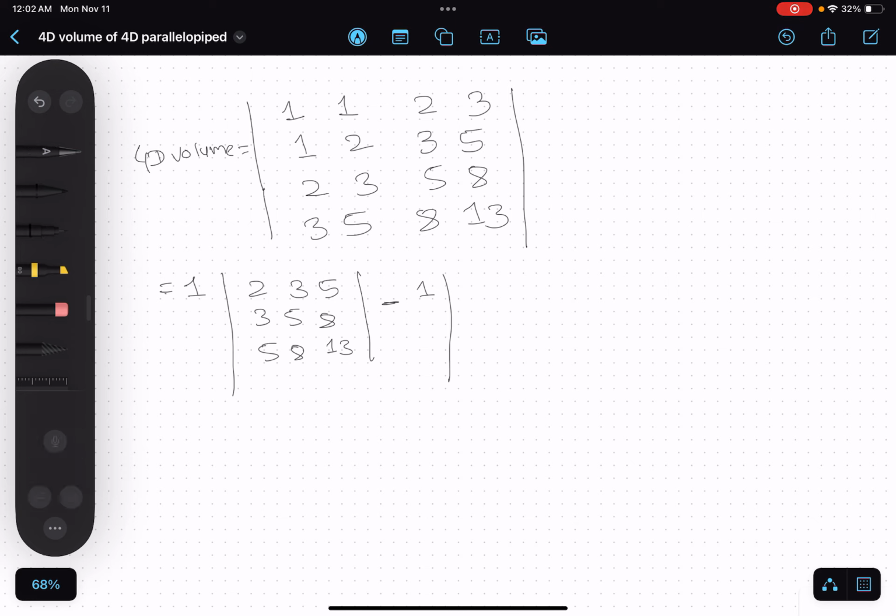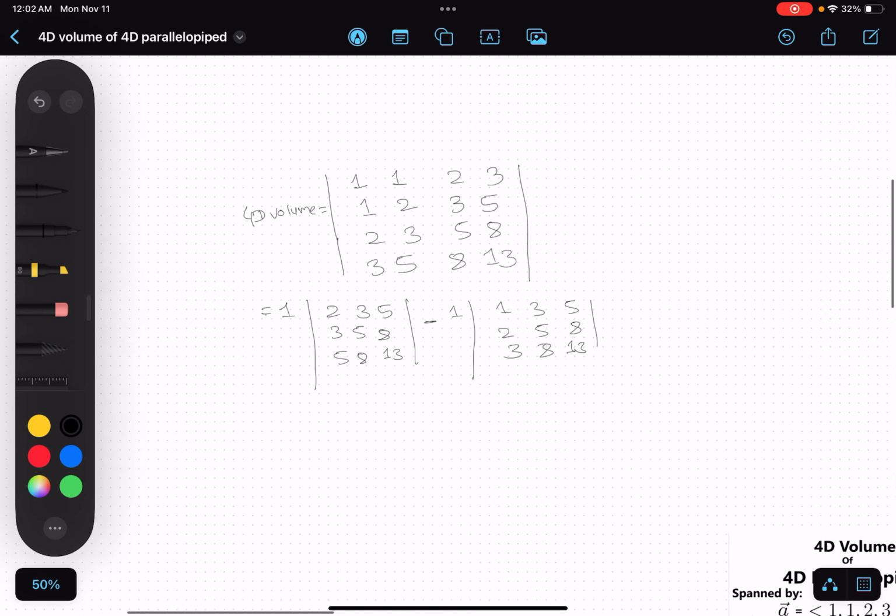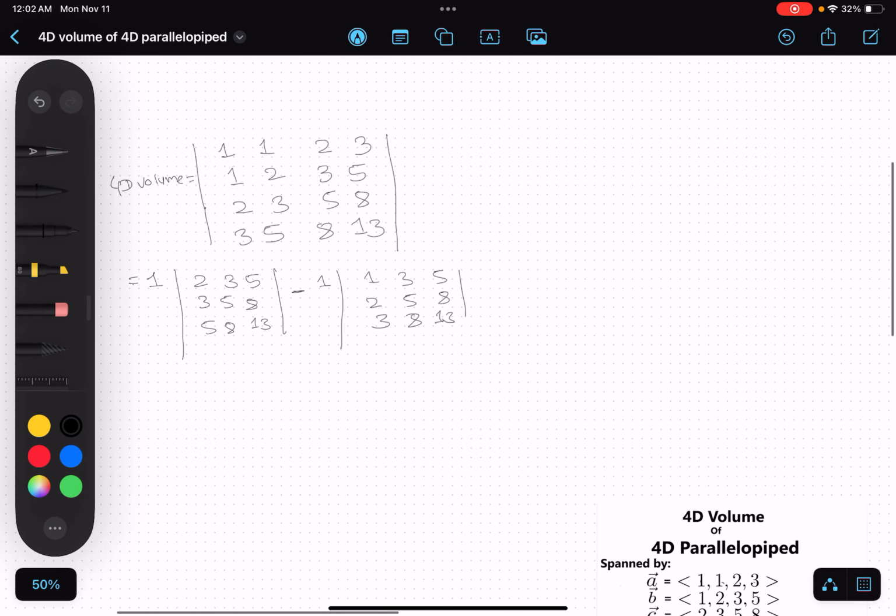So that will be 1, 2, 3, and then 3, 5, 8, and then 5, 8, 13. After that, plus 2 times the determinant of 1, 2, 3, 2, 3, 5, 5, 8, 13.